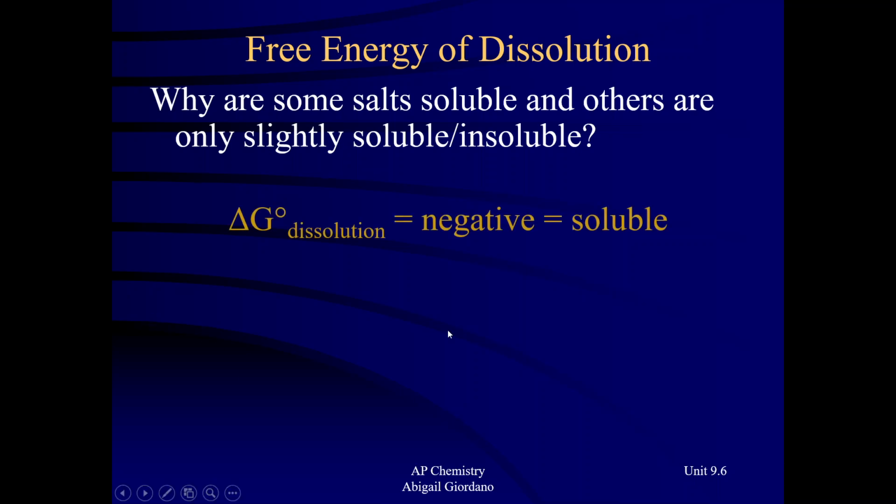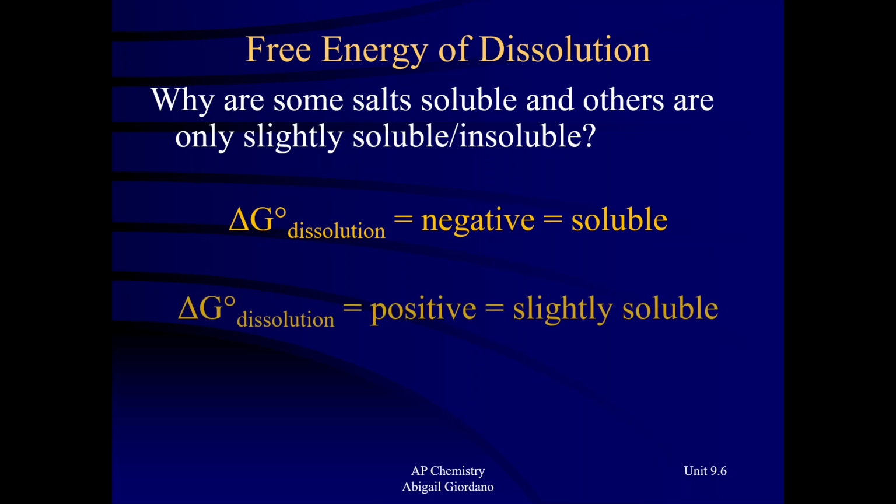So salts that are soluble have a negative change in Gibbs free energy of the dissolution process. Those that have a delta G that is positive would be described as slightly soluble or in some cases even insoluble.